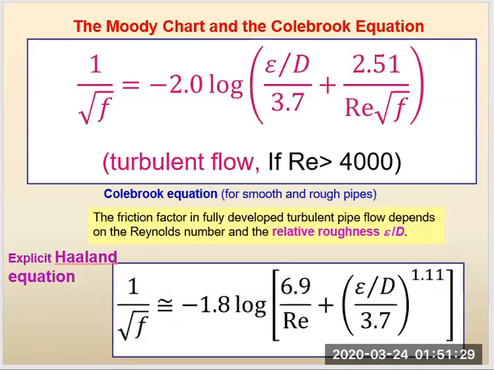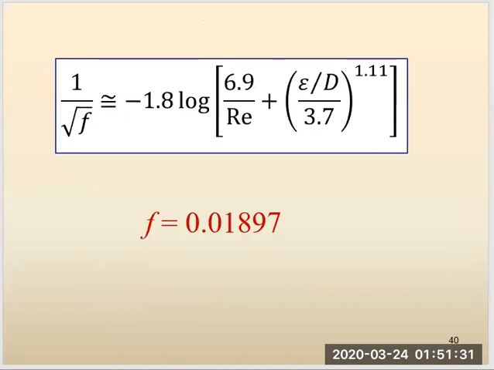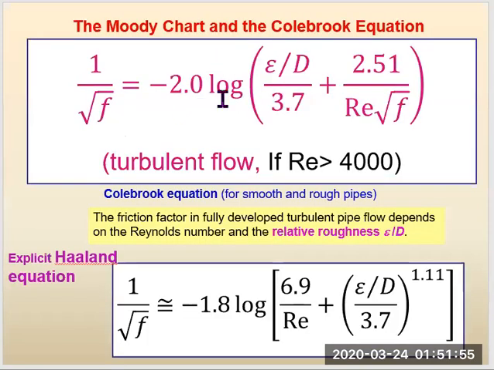If you use the Haaland equation, the F is around 0.01897. This is the value of the Darcy friction factor that I actually calculated using the first equation.